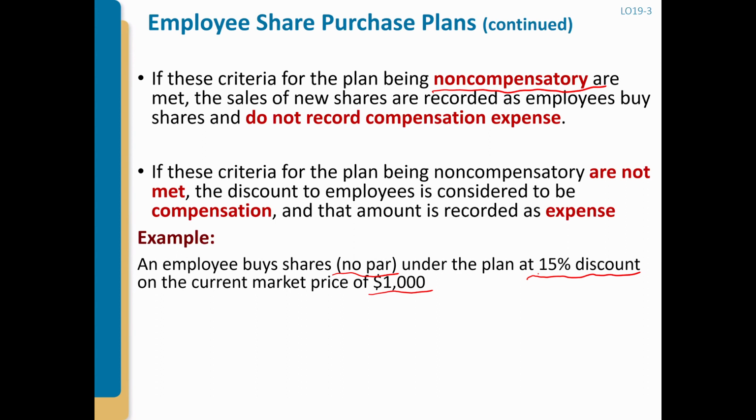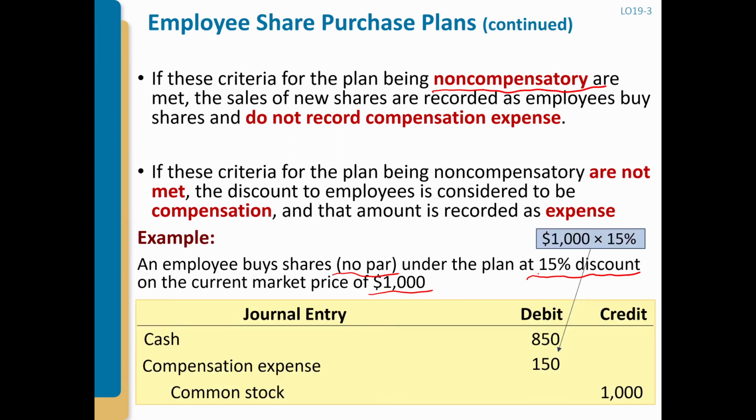So 15% of $1,000, which is $150, is the discount. That's why this is a journal entry. The discount here, $150, will be recognized as compensation expense. And we only receive $850 cash from the employee, and then we issue stock. So the total paid-in capital should be $1,000.